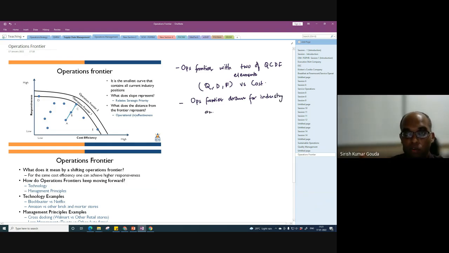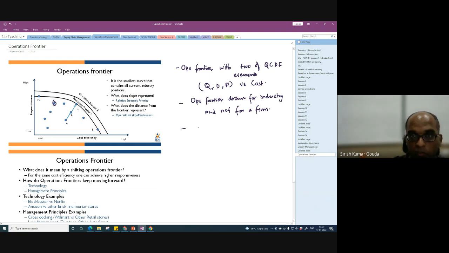Now, you can make one small exception, especially for something like a manufacturing plant or, in services, restaurants. Because the operations frontier is generally used for benchmarking, if you want to do this for one particular firm, you can use data from different plants or locations and compare them with one another. The blue dots, as we can see here, would represent each plant, location or restaurant, and that's how it is usually done.